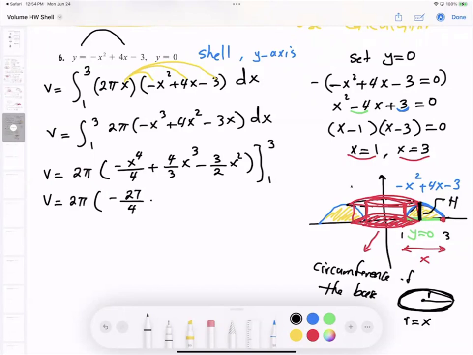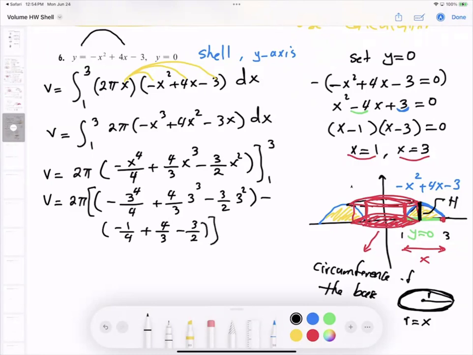Let us write down the whole thing, then we simplify as much as we can. Negative 3 to the power 4 divided by 4 plus 4 thirds times 3 to the power 3 minus 3 halves times 3 squared, and then minus, plugging in 1, negative a fourth plus 4 thirds minus 3 halves.